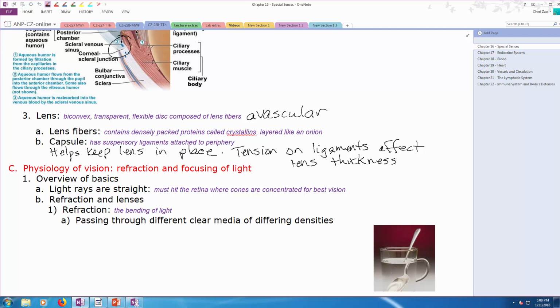Another area that can become opacified that's supposed to be clear is the vitreous body or the vitreous humor. One of the important things about your vitreous humor is you're born with it and you don't replace it. And so it too can become clouded. Some of you have animals that have developed clouded looking pupils. They all look white.